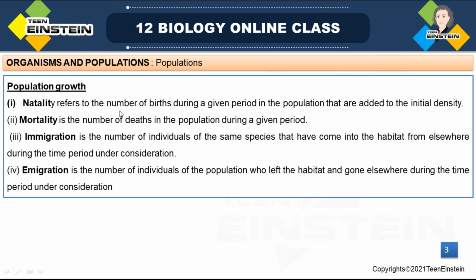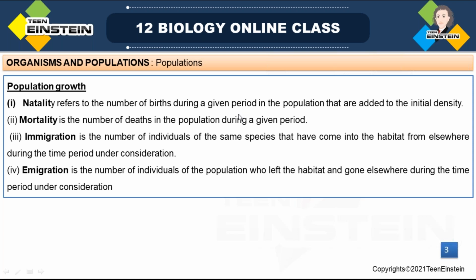So natality means the number of births in the population at a given period. That will be added to the initial density. See, if more births are taking place, that means population density is increasing. The number of individuals are getting added to that population. That means the total number, the population density, is increasing.